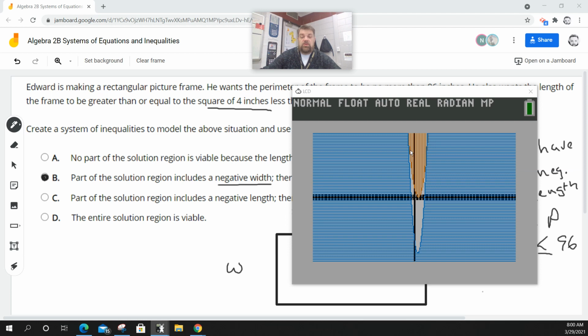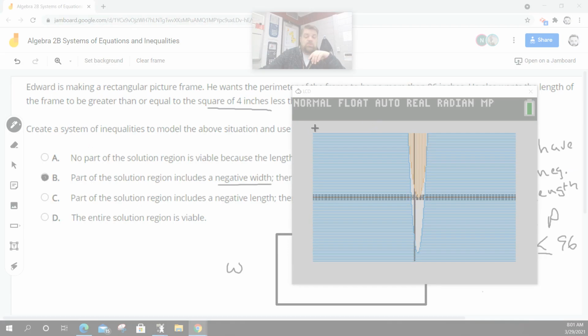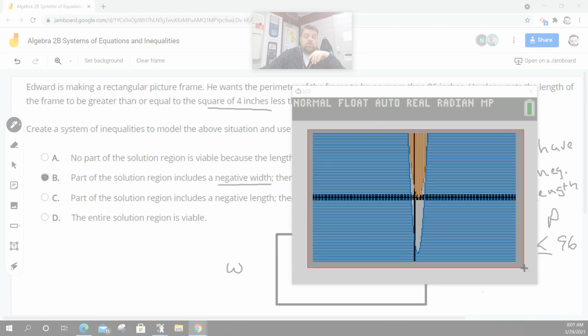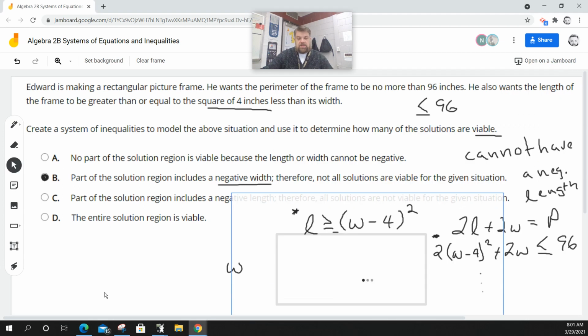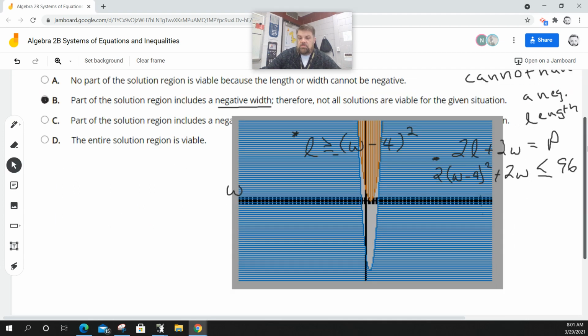These are values of w, which I called x in the calculator. That would be negative, so that would mean we would have a negative width. You can't have a negative width. Over here, though, are going to be positive values. When we talk about a measurement of width, we'd want positive values. So let me take a screenshot of that so it makes sense. That's why it's not a viable solution, because you can't have negative widths.